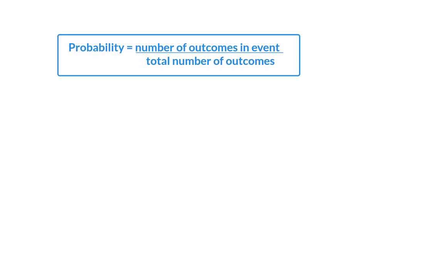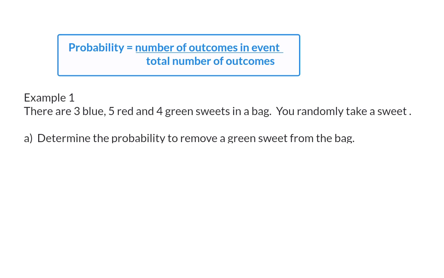Let's have a look at some examples. Example 1. There are 3 blue, 5 red, and 4 green sweets in a bag. You randomly take a sweet. Question A. Determine the probability to remove a green sweet from the bag. For probability, we use the symbol P. In our fraction, in the numerator, we'll have the number of outcomes for our event of getting a green sweet.